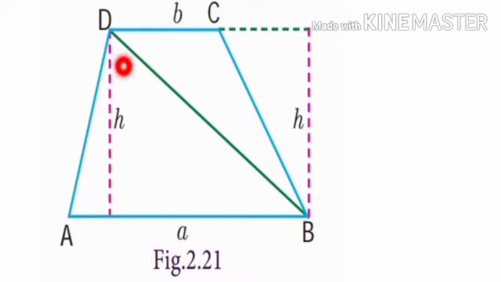Let the distance between the 2 parallel sides be h units. The diagonal BD divides the trapezium into 2 triangles, namely ABD and BCD.